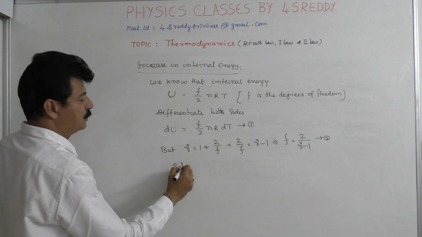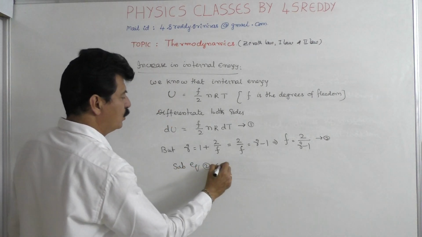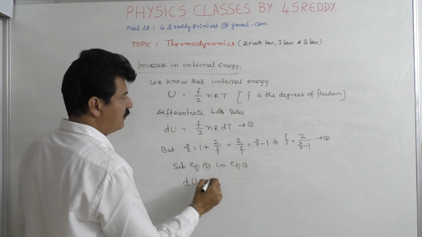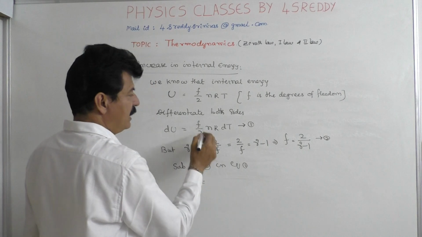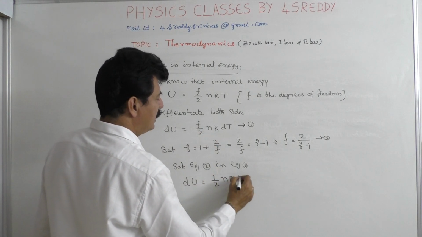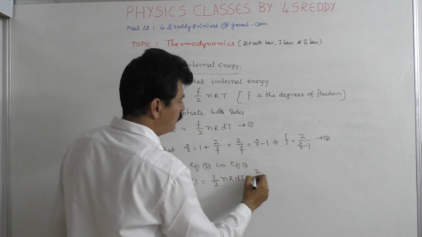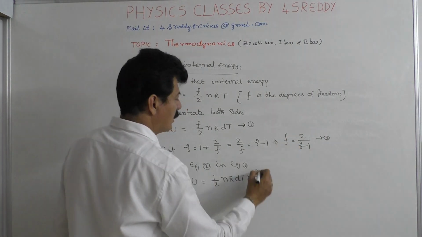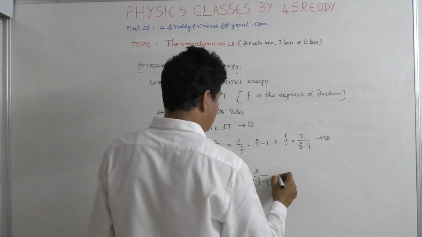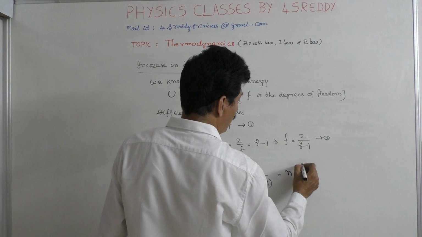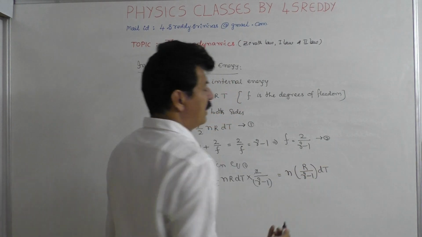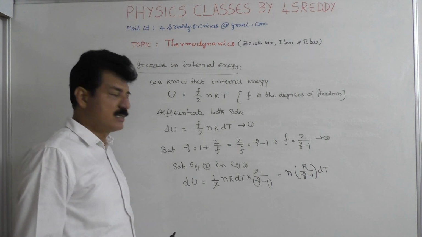Now substitute equation 2 in equation 1. Then dU is given by, in the place of f, 1 by 2 nR dT into f, which is 2 by gamma minus 1. This 2 gets cancelled. Therefore, this is given by n into R by gamma minus 1 into dT. But R by gamma minus 1 is nothing but Cv.